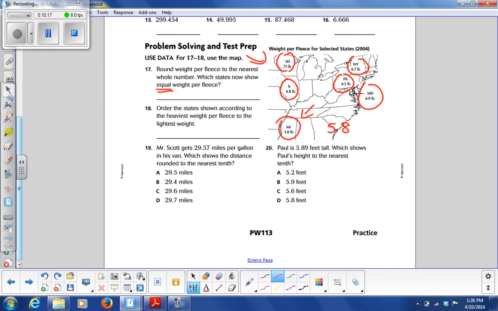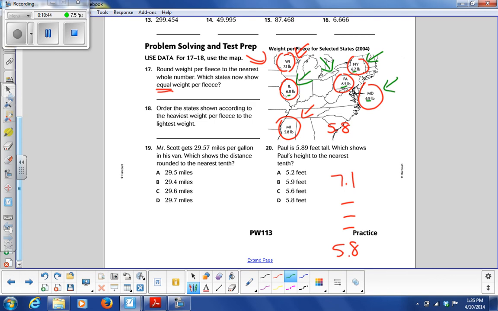My highest one is 7.1. Okay, so if I'm doing that, it's going to be 7.1, and then numbers all the way down to 5.8. Okay, so really the ones that you have to look at are these sixes. And then you're going to look at the tens place and put them in order by the tens place. So 8, 5, 7, and 9. You guys should be able to do that.